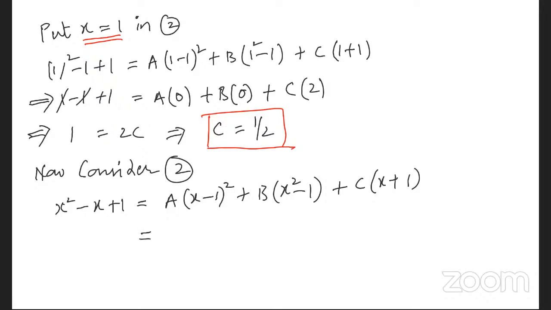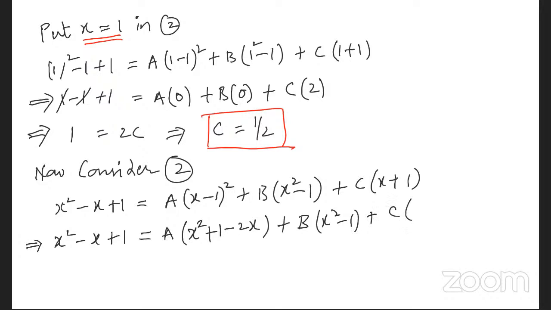On the RHS, x square minus x plus 1 is equal to a into, using a minus b whole square, x square plus 1 minus 2x, plus b into, we'll write it as it is, we'll expand in the next step, plus c into x plus 1.